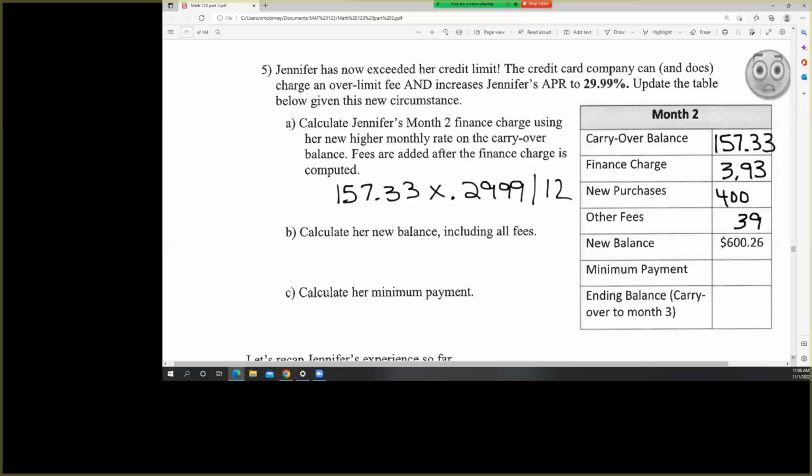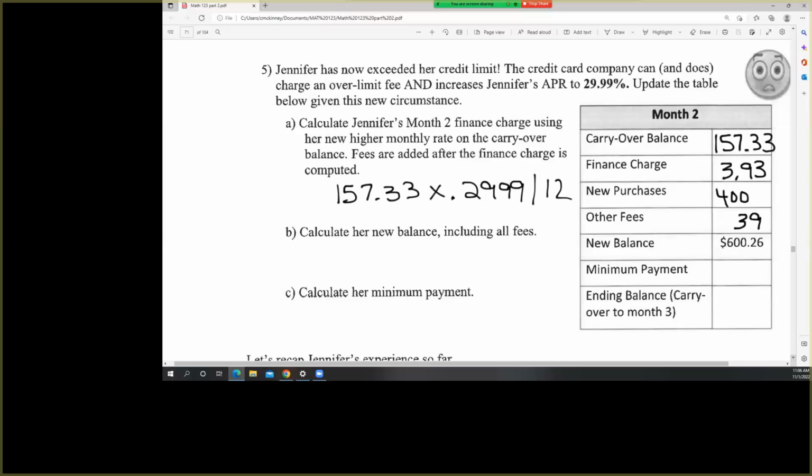So now let's check our math. Add these up and make sure that they come up to the $600.26. That's going to be our checkpoint. Do our numbers match? 26, yep, all right.